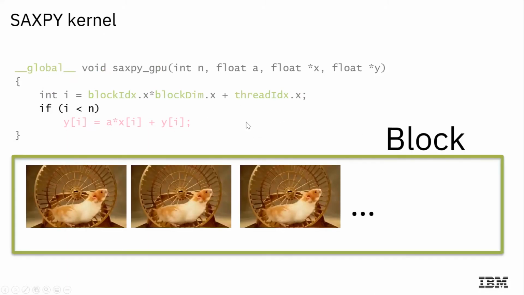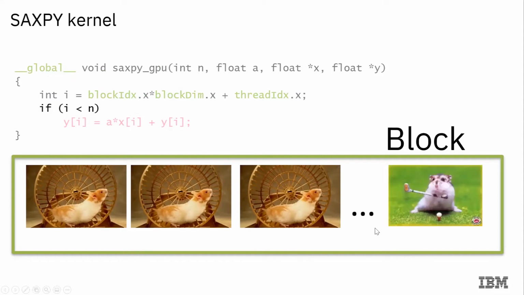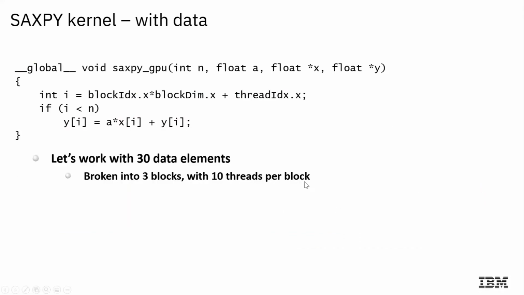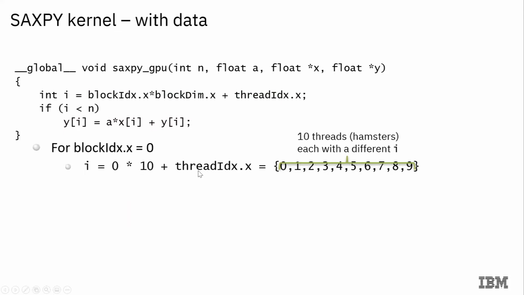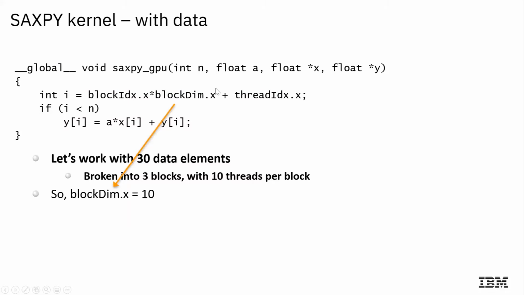So here we have put 3 blocks, a block of 3 threads, and there will be some threads that will be unused. If we take the example of running 30 data elements with 10 threads per block, which is already suboptimal, so if we split in 3 blocks of 10 threads, so one block will have the dimension of 10.